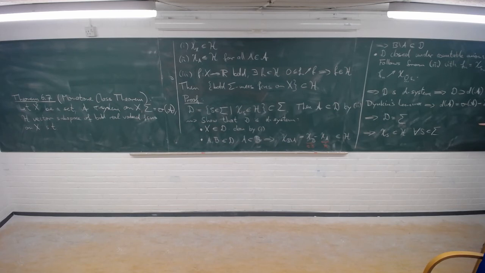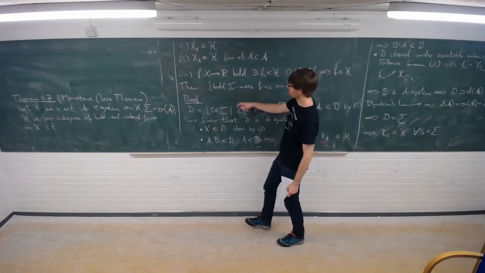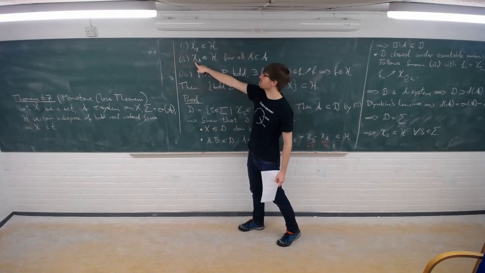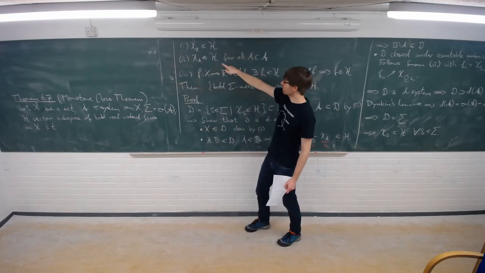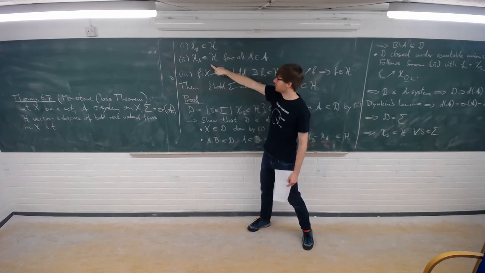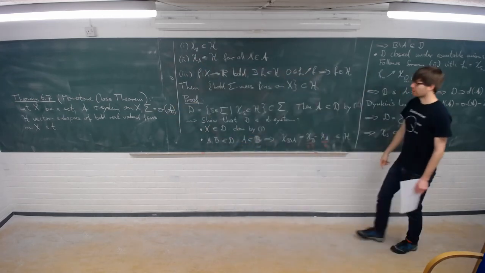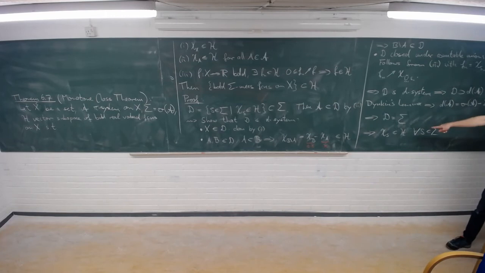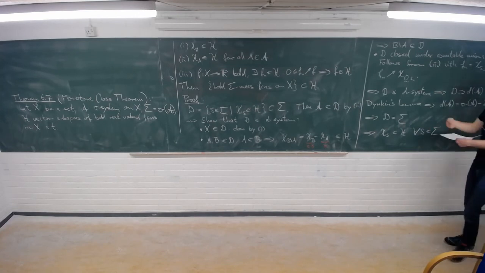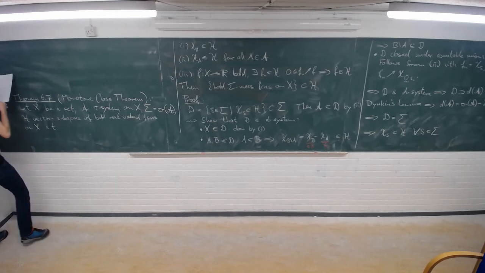Okay, so this is a good start. So now not only the characteristic functions of elements in A are in H, but characteristic functions of all measurable sets are in H. And now we can use these to build simple functions, and we can use these to approximate measurable functions to get the statement.